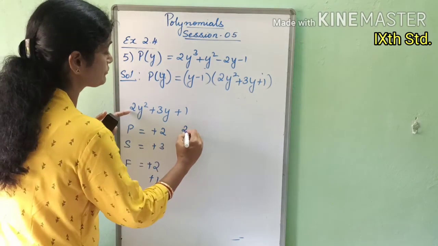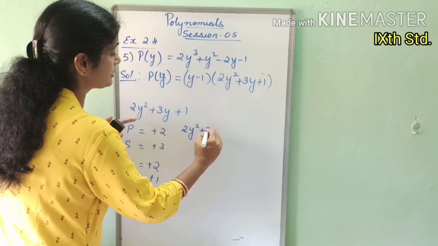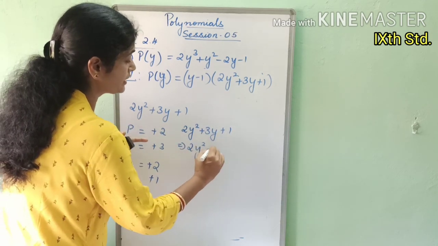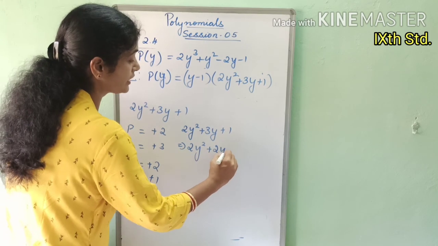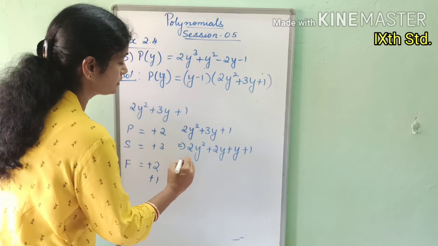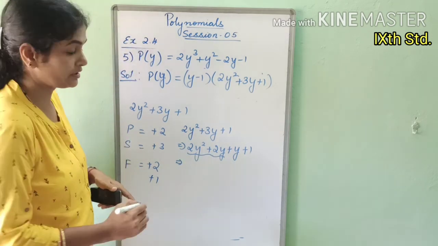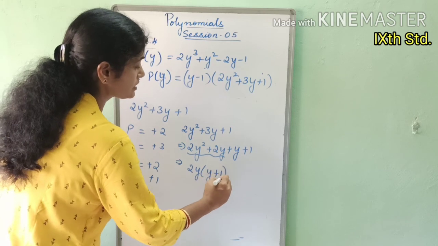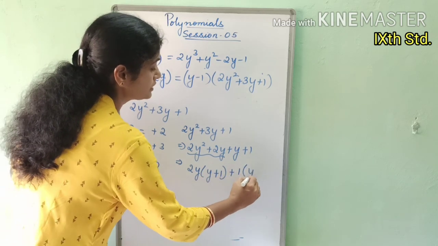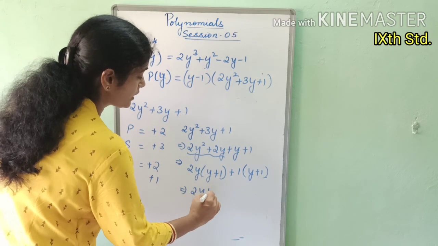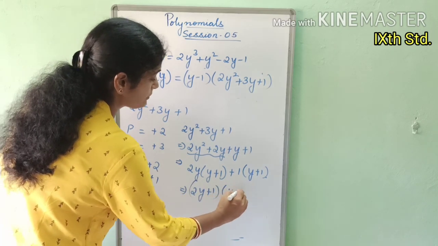Both the factors will have plus sign. So this 2y square plus 3y plus 1 can be written as 2y square plus 2y plus y plus 1. Then take out the common factor in the first two. So 2y is common, so y plus 1 is remaining. Here 1 is common, y plus 1. This implies it is 2y plus 1 into y plus 1.